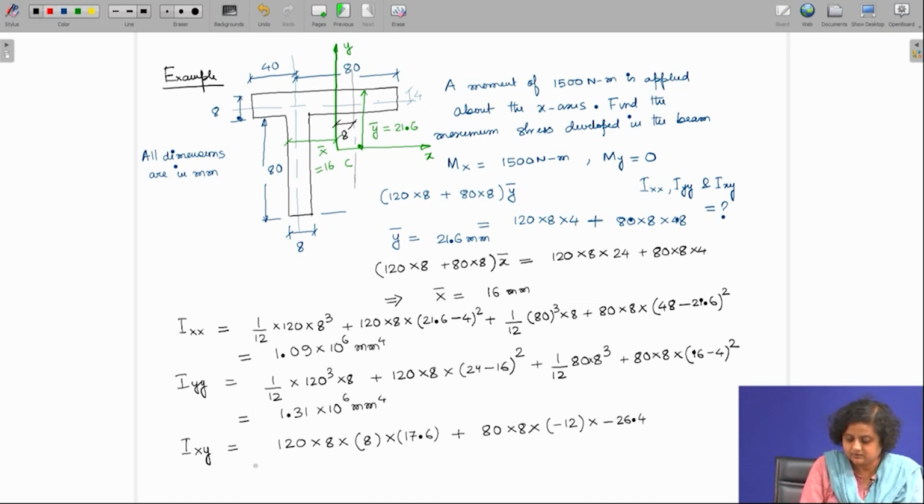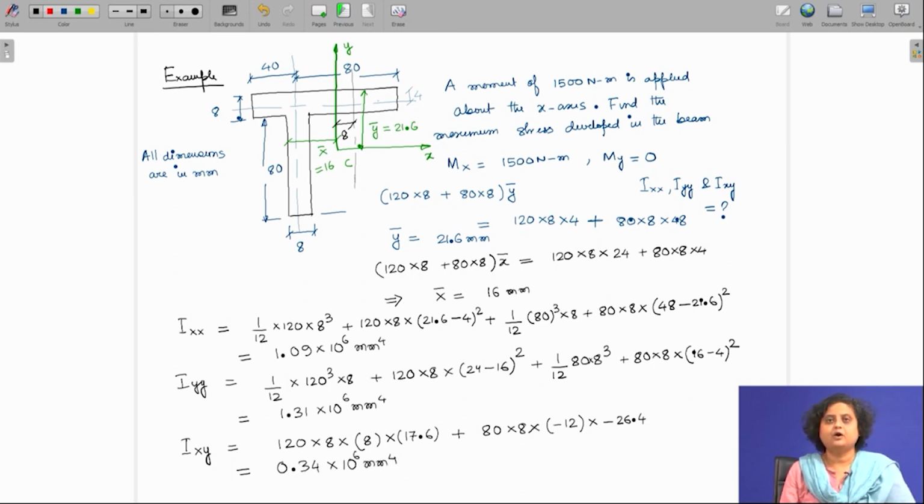So if we calculate this, this will be equal to 0.34 into 10 to the power 6 millimeter 4. So therefore, we have found out all the sectional properties Ixx, Iyy and Ixy.